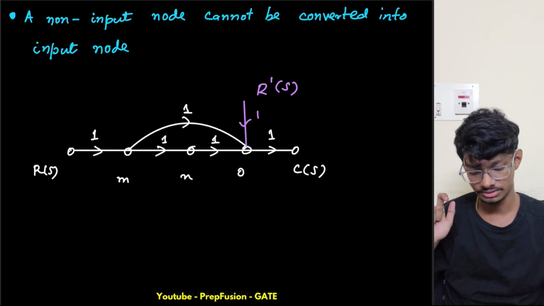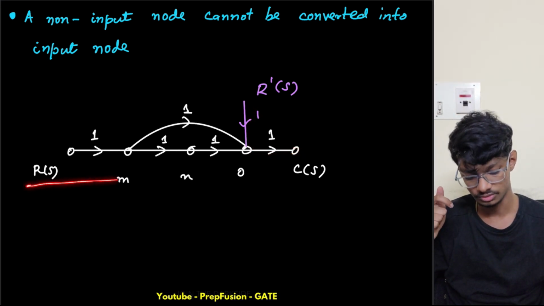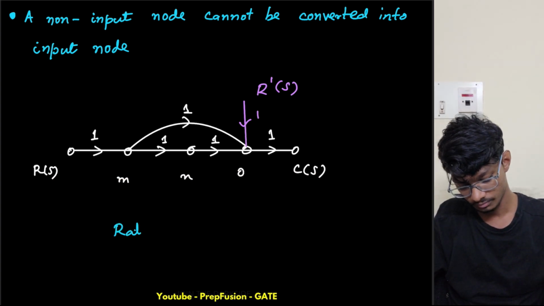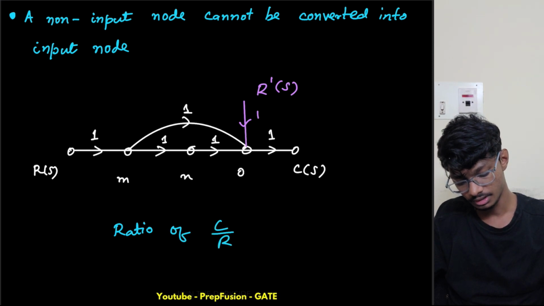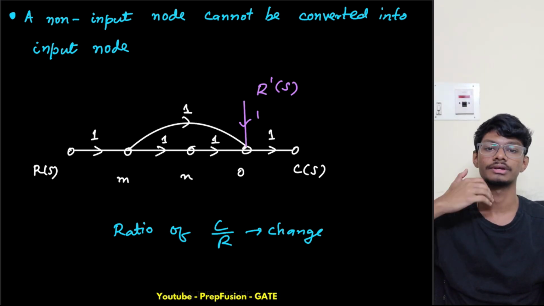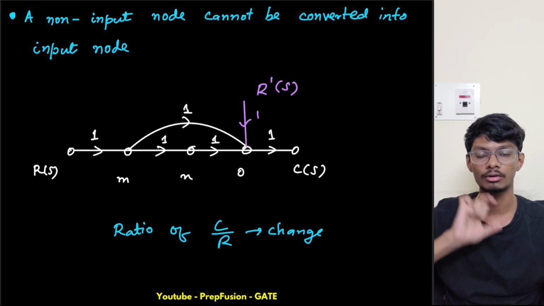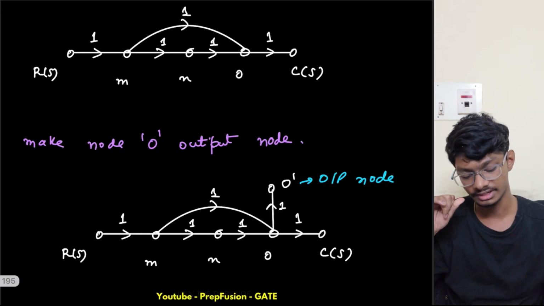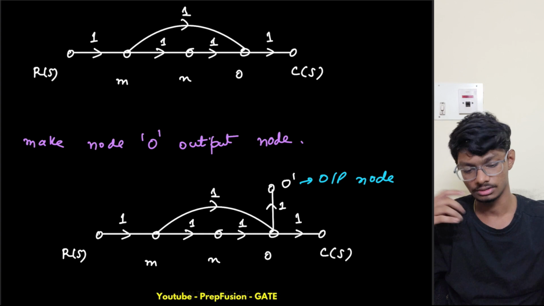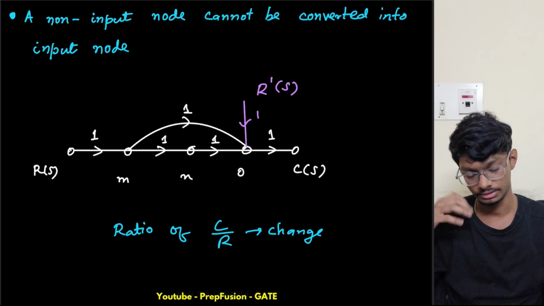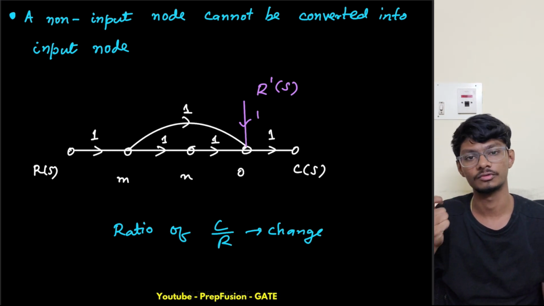This will affect the system because this is also giving some input over to this output, and this is also giving some input over to this output. So the actual ratio of C by R will change. The gain will change, this will affect the system. So we cannot convert a non-input node into an input node, but an output node won't affect the gain of this overall system, it won't affect the ratio of C by R. This is the overall thing that I wanted to mention, a few key points.